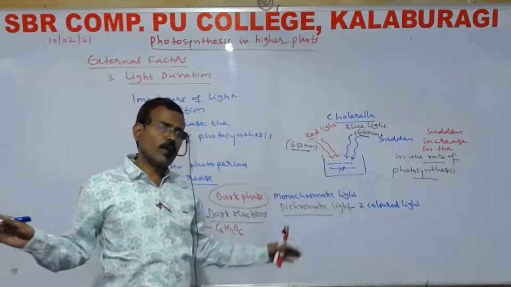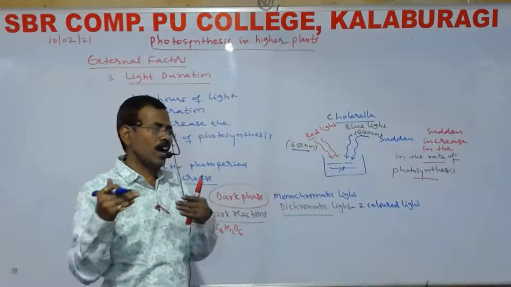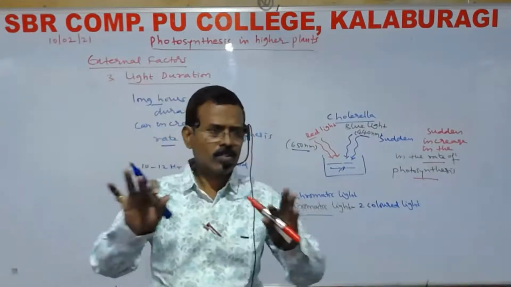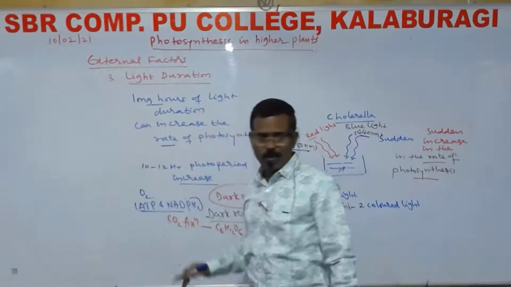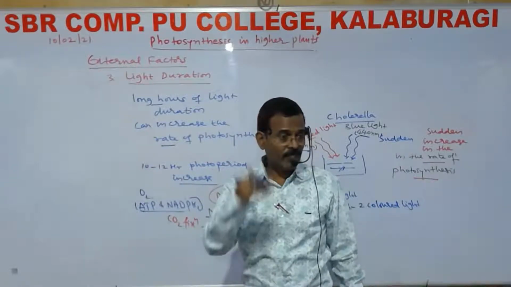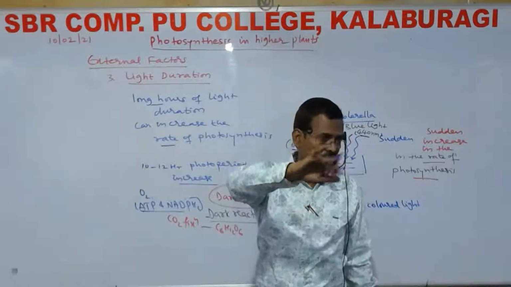Suppose you provide only darkness, no light. Dark reactions will continue for some time, until all the assimilatory powers are used up. Darkness favors dark reactions, the Calvin cycle.